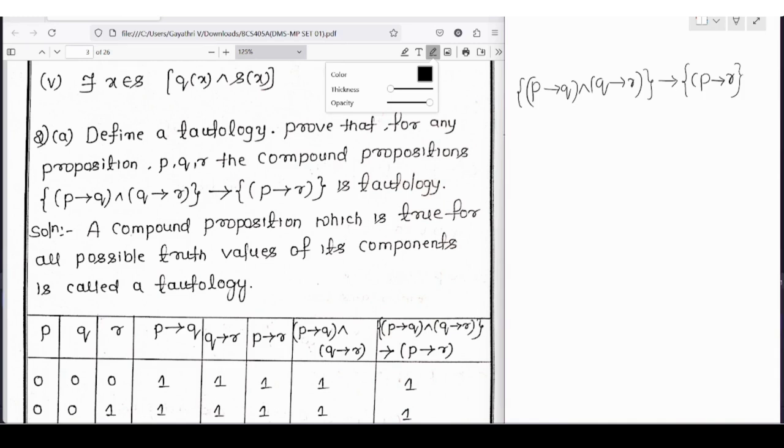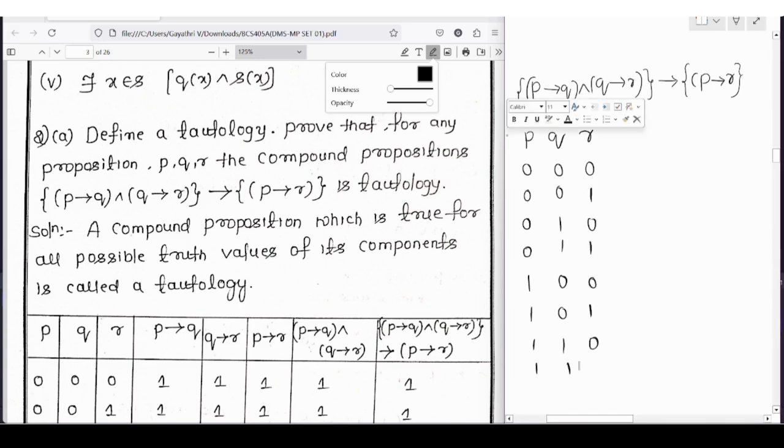This compound proposition contains the propositions P, Q and R. As I said, if we have three propositions, then we have 8 possible truth values: 4 zeros and 4 ones for P, then 2 zeros and 2 ones alternating for Q, and for R, alternating 0 1 0 1.